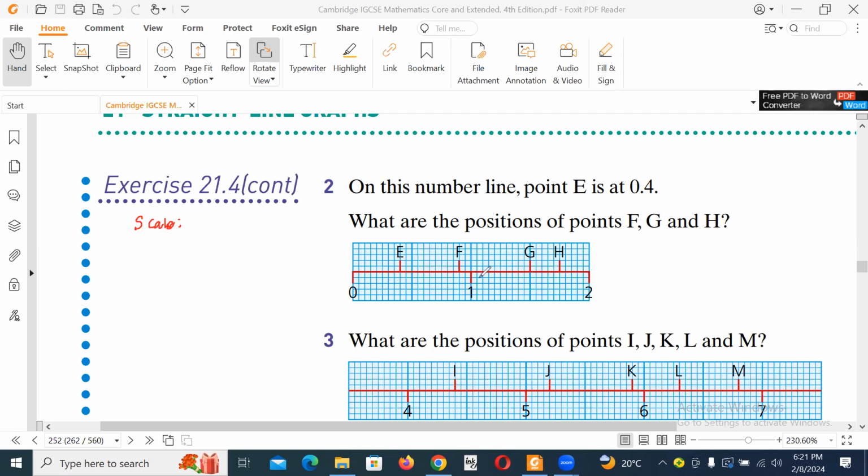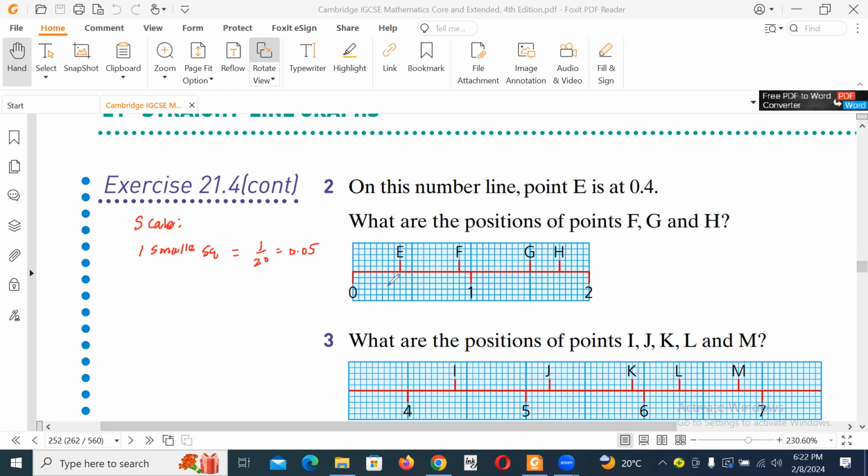One big square equals 1, and small squares: 1, 2, 3, 4, 5, 6, 7, 8, 9, 10, and 10 more. It means 20 small boxes. So one small square is equal to 1 divided by 20.